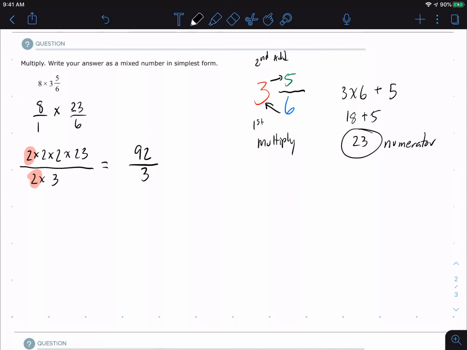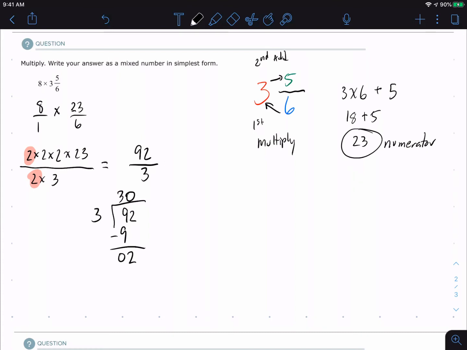So if they say write your answer as a mixed number in simplest form, we have the right fraction, but now we need to write it as a mixed number. And so to write it as a mixed number, I have to divide it. So how many times does 3 go into 9? 3. How many times does 3 go into 2?